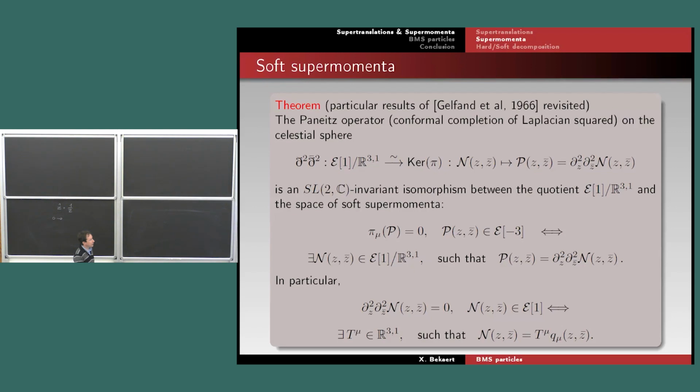In other words, they are in the image of the Laplacian square. There is a conformally invariant notion of the Paneitz operator. It acts on super translations, it has the correct weight, to be conformally invariant. So there is the notion of the square of the Laplacian, and soft supermomenta necessarily take this form.